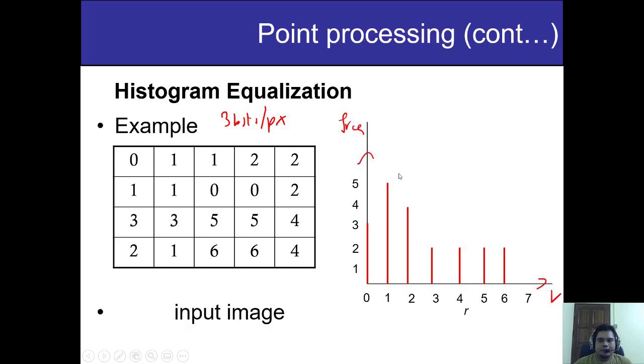What can you think about this one? From the histogram, you can see that most of the pixels occupy this point, even though there's a small point over here. We can conclude that this image suffers from low dark contrast, the same thing we have discussed before.